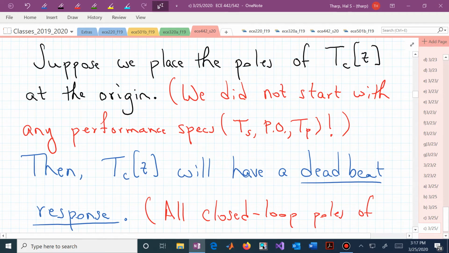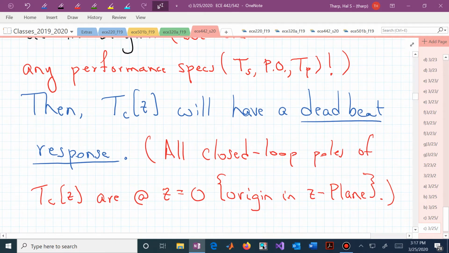If we want all of the poles of our desired closed loop transfer function to be at z equal to 0, we're asking for a deadbeat response, where all of the closed loop poles of T sub C of Z are at the origin in the z-plane.